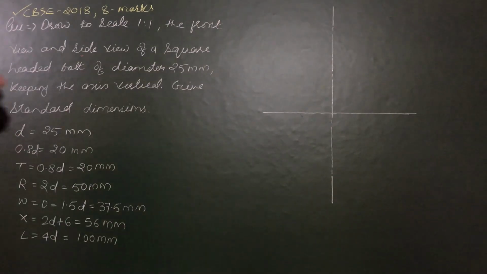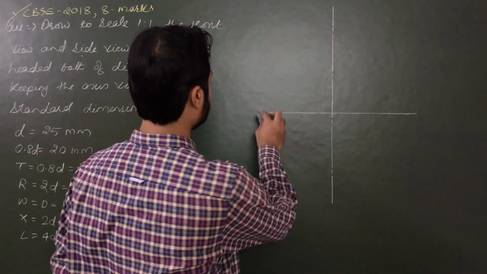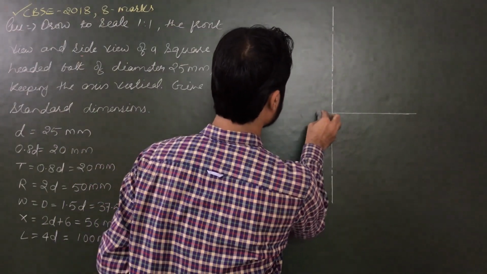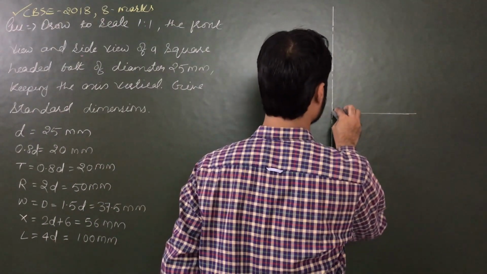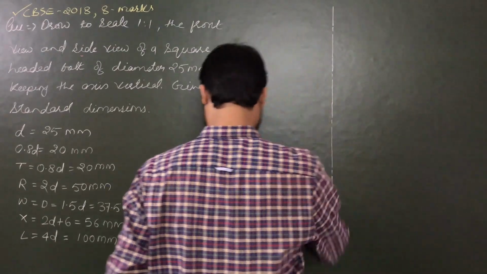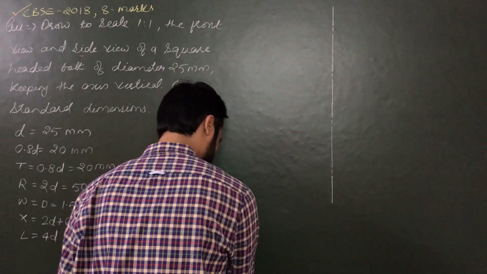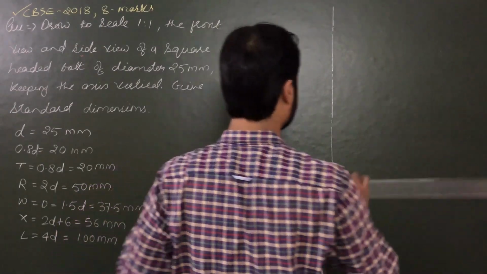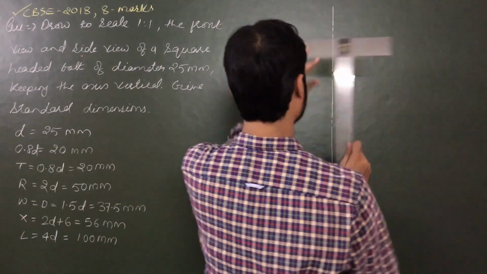Please make sure that you have enough space for its front view, because here I think I have to change its reference line, right? So this is my new reference line.